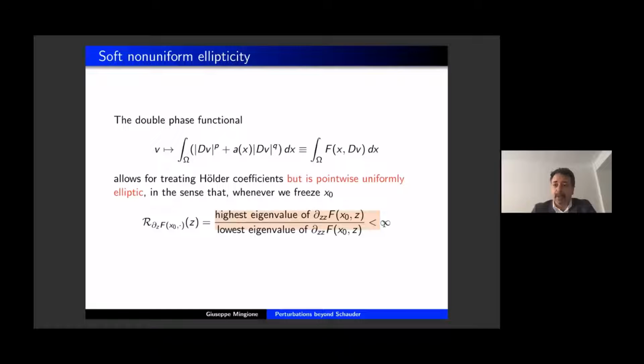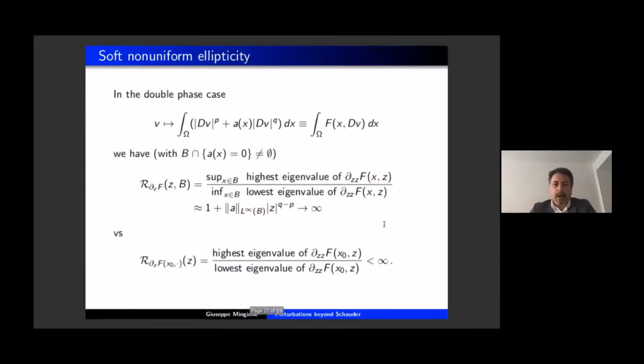So this looks like a uniformly elliptic functional or operator in the classical sense. On the other hand, if we take a ball where A of x is 0, and we assume that, of course, A of x is not always 0, then you see that the non-local ellipticity ratio on this ball goes to plus infinity. So in this sense, this is pointwise uniformly elliptic if we take the classical definition, but it's softly non-uniformly elliptic.